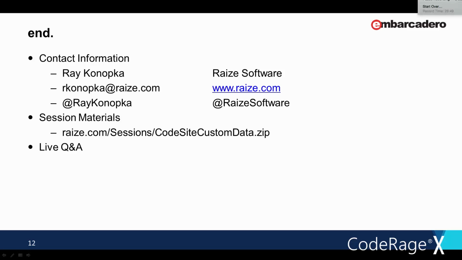In the meantime, it is possible to use the on-send message event handler that each logger has to take the incoming message and write it directly to a file. There's an add-on unit that can be used to do that. It's not an ideal solution simply because you have to do each individual logger that you use, but it does allow you to get around not having the dispatcher, at least temporarily. Okay.